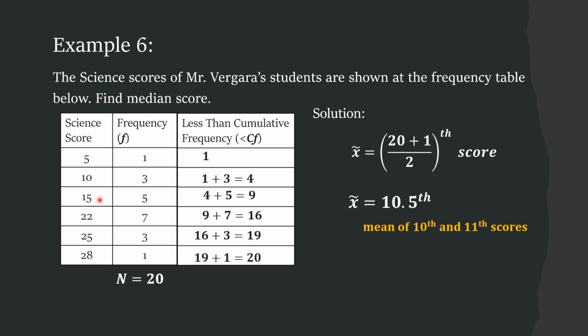And the next one, which is the 10th, is 22. The 11th score is also 22. There are 7 with a score of 22. So this means that it is found at this row. Therefore, the median score is 22.